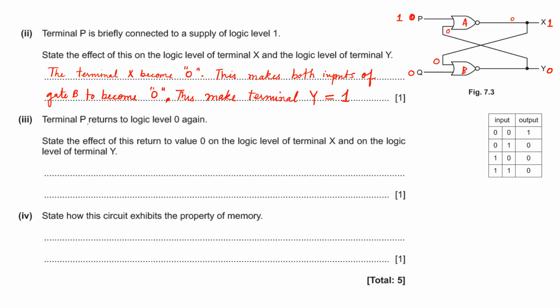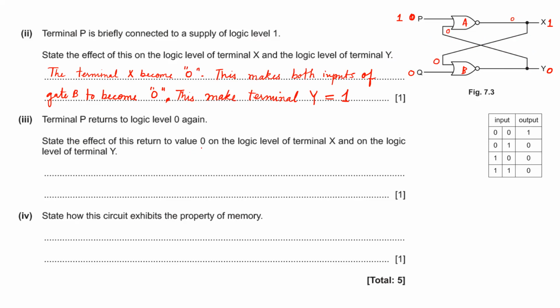Next part, it says terminal P returns to logic level 0 again. In the same terminal, you have gone to 0 again. So if you go to 0 over here, and a 0 is also coming from this point, the output will remain.